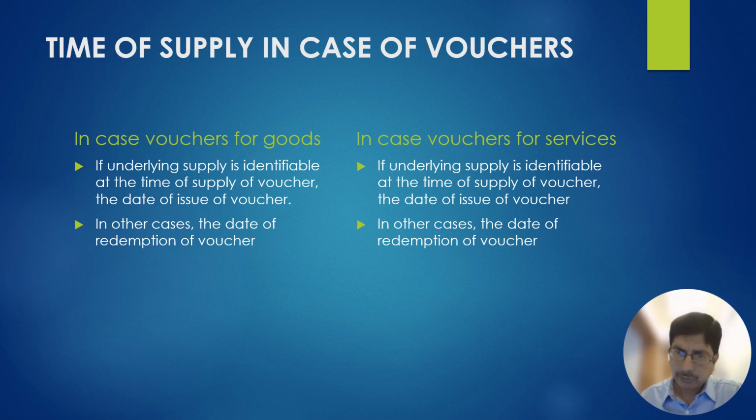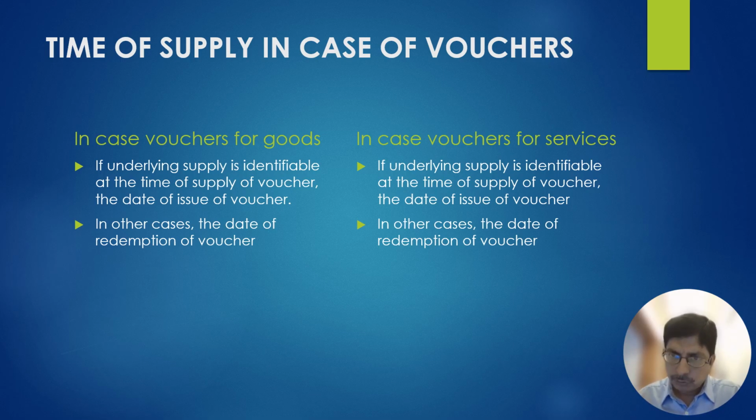I am taking the Amazon example for the purpose of understanding, no other intention. When you receive that voucher, there is some validity, that within 3 months or within 6 months you have to utilize it. You can utilize it for purchase of any goods or availment of any service available on the Amazon site.